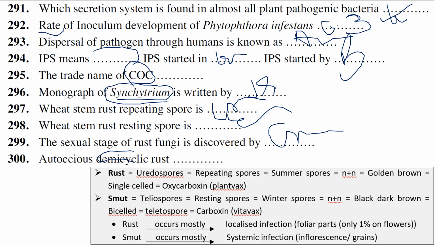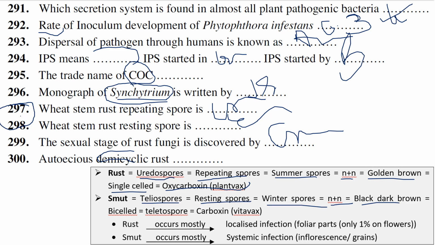Here we have just discussed question numbers 297 and 298. Rust uredospore is also known as the repeating spore or summer spore. The condition is N+N, the color is golden brown, generally single celled. For the management of rust, we can recommend oxycarboxin, the trade name is Plantvax. Smut has teliospores, which are resting spores or winter spores.